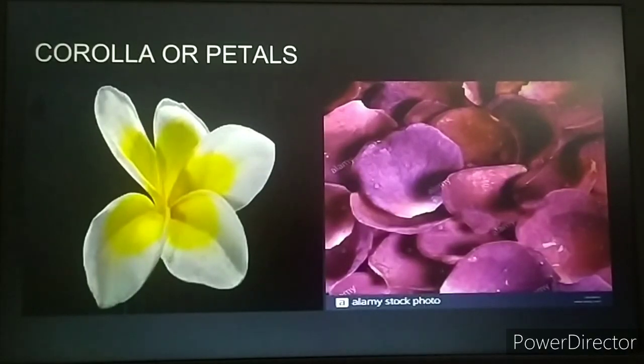It is actually due to the presence of chromoplast, that is the pigment present in petals, giving bright colors. The bright colors, sweet smell, and also the nectar. What is nectar? Nectar is the juice which is produced in the flower. All these help the insects to get attracted towards the flower, and further help in pollination.